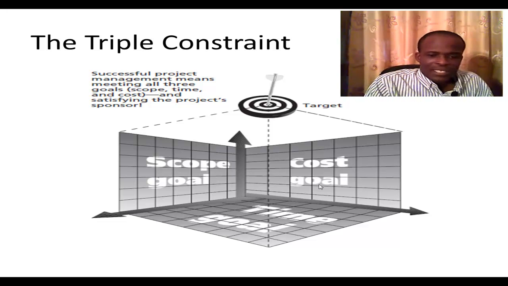All projects are constrained, technically, by 3 areas. There could be a lot more constraints, but technically there are 3 ways by which a project can be constrained. So we have what we call the scope constraint, the cost constraint, and the time constraint.